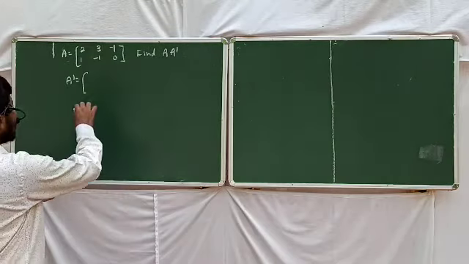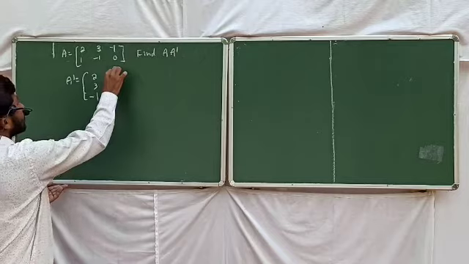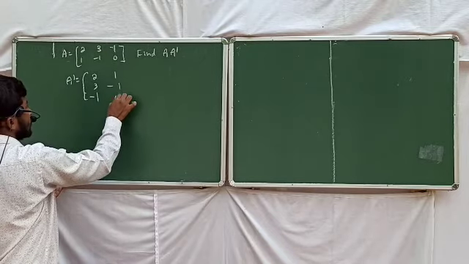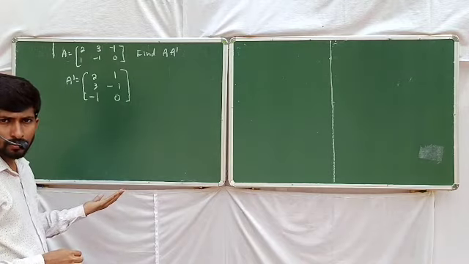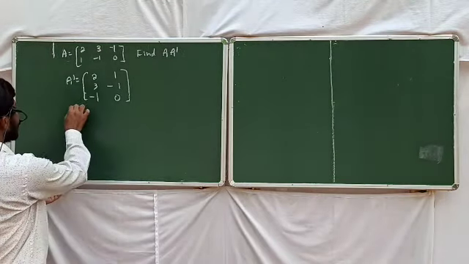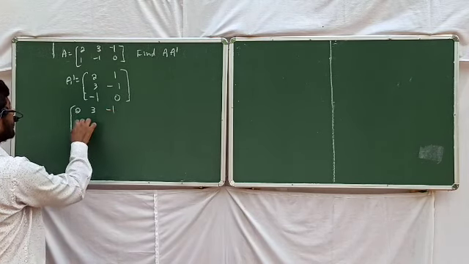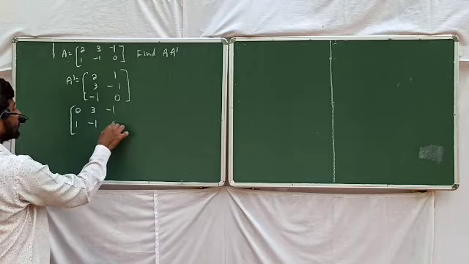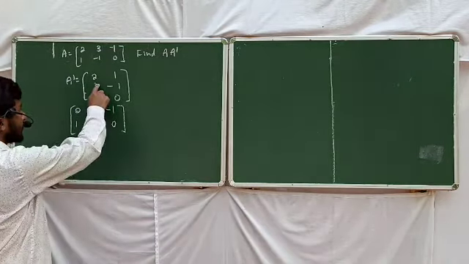So, here you will get 2, 3 minus 1, 1 minus 1, 0. It's the transpose value. What's the question? A into A transpose. Matrix A is 2, 3 minus 1, 1 minus 1, 0. You need to multiply this matrix by A transpose.